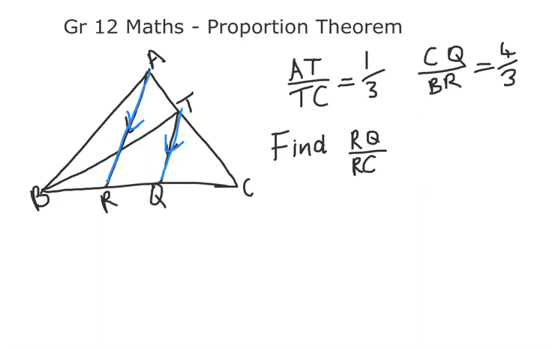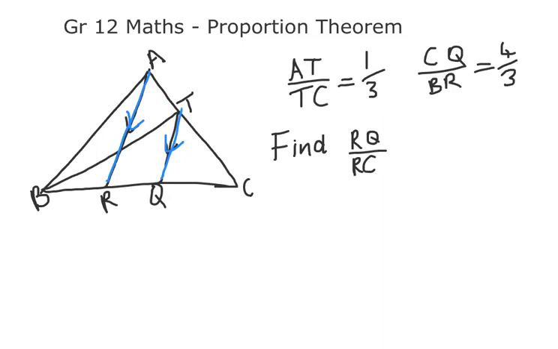Then usually they will give, in this case, a sum like this: AT divided by TC is equal to 1 over 3. This is AT, this is TC, and they say the proportion is 1 over 3.